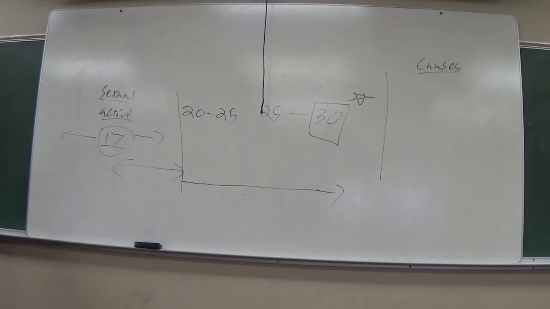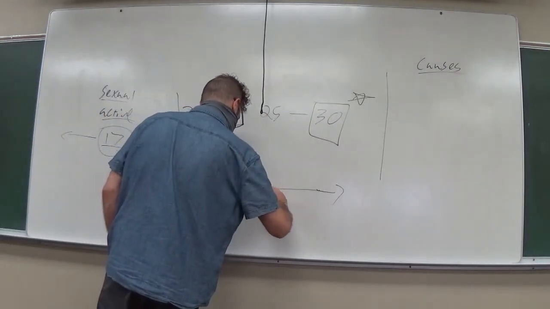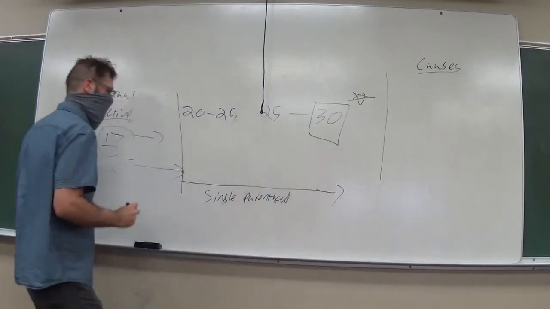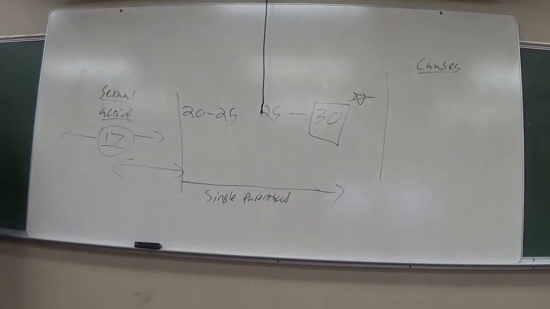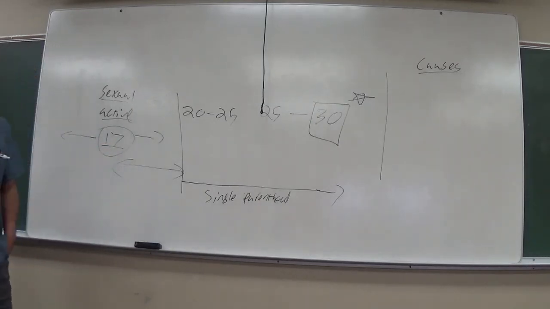Single parenthood. How might this relate to single parent life? Why would this distance relate to single parent life? Because if you are sexually active at 17 and it's only a 3 to 5 year gap before getting married, that's about the time you go to college.